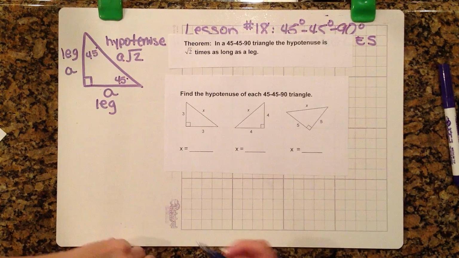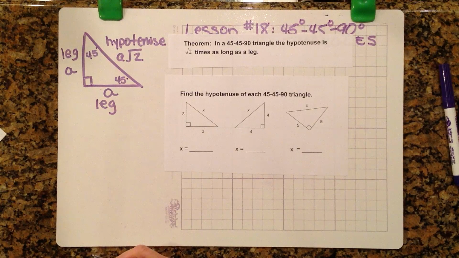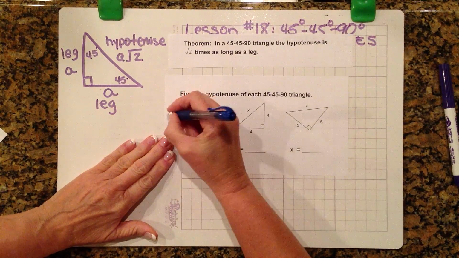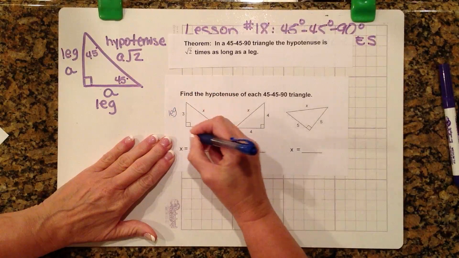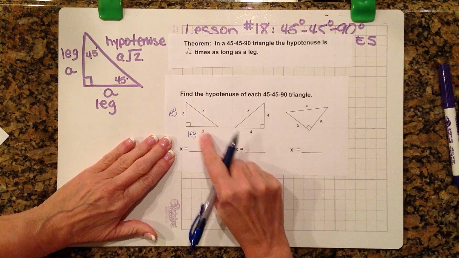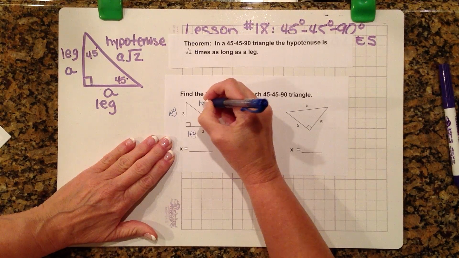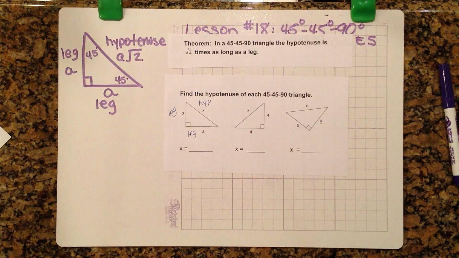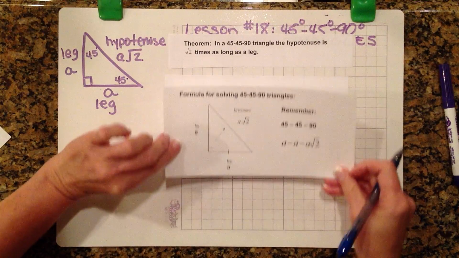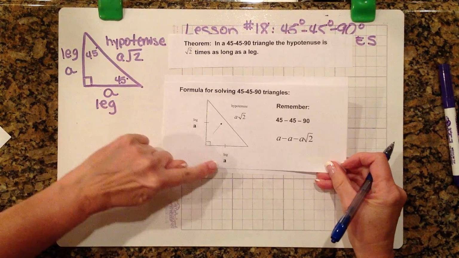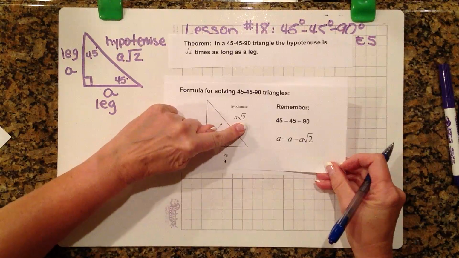Find the hypotenuse of each 45, 45, 90 triangle. Okay, if you notice, this is a leg, and that's a leg. And they are the same value. They're always going to be the same value. Well, here's the hypotenuse. So let's write the formula down again: A square root of 2.